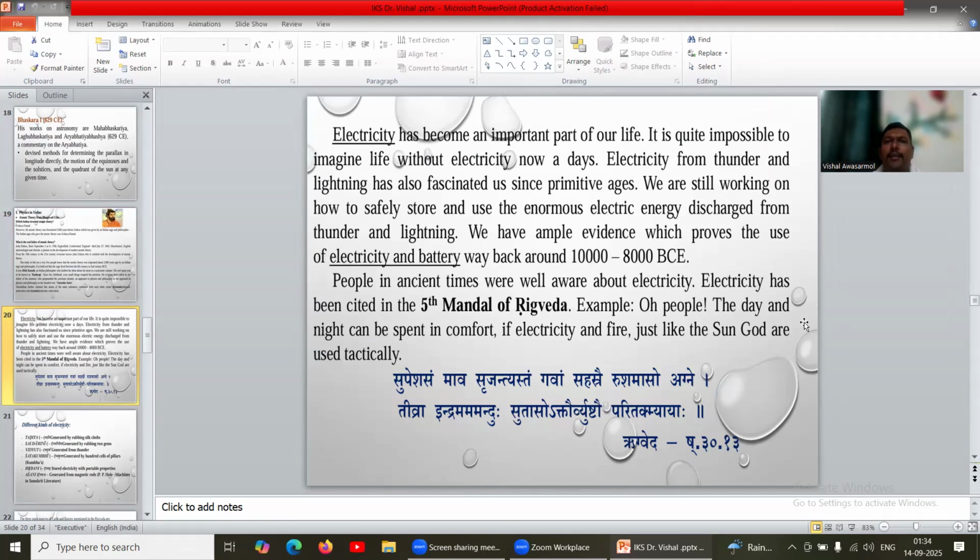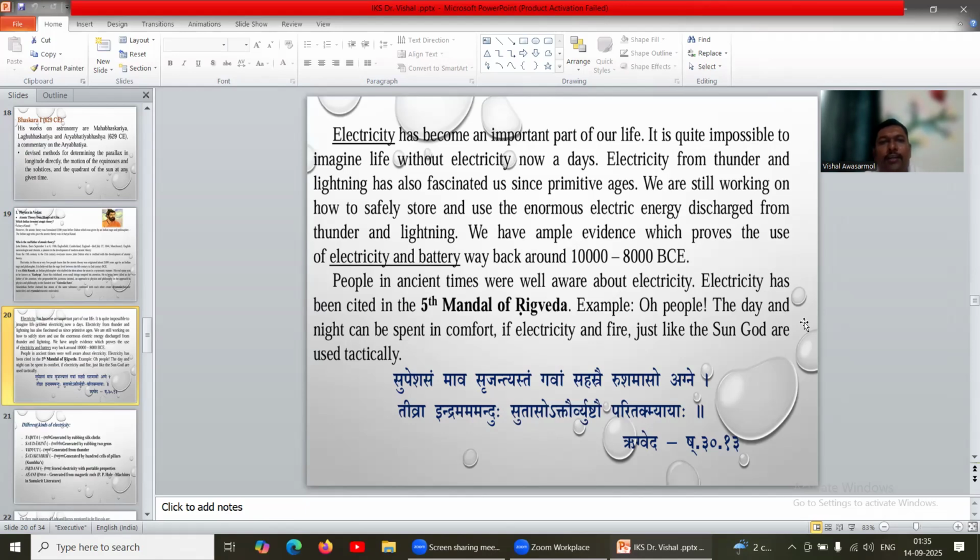Electricity has become an important part of our life. It is quite impossible to imagine life without electricity. Electricity from thunder and lightning has also fascinated us since primitive ages.